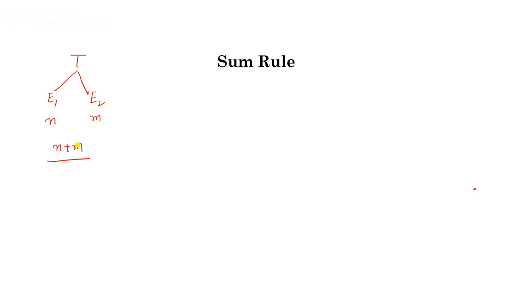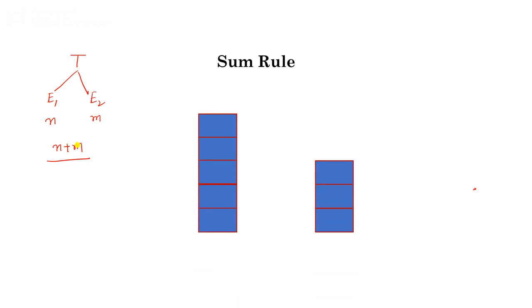To understand this, let us take one example. Suppose we have two buildings, building A and building B. Suppose these are the rooms in building A: 1, 2, 3, 4, 5.